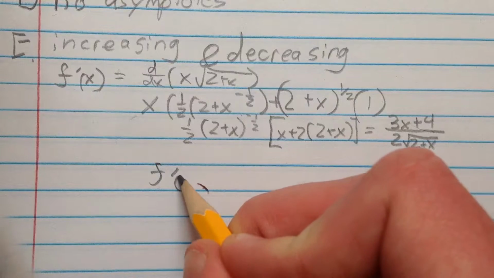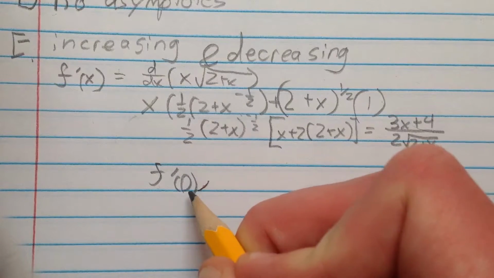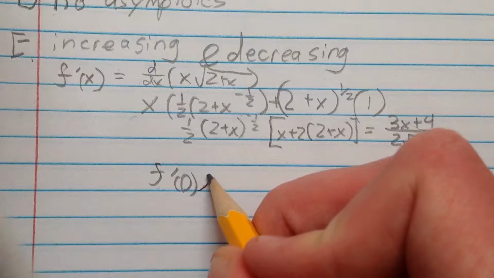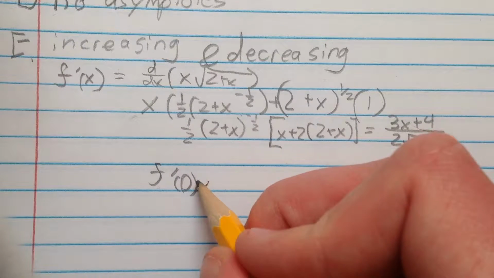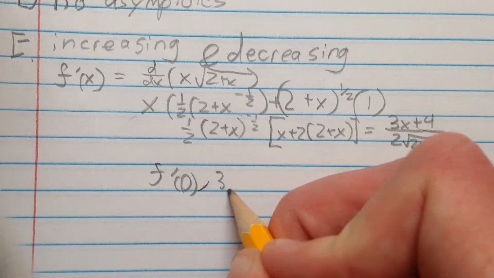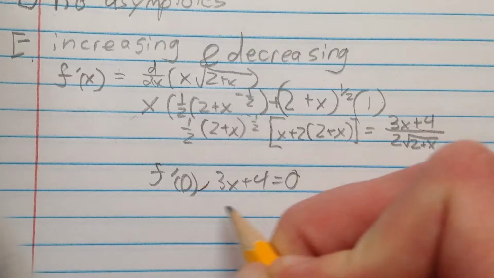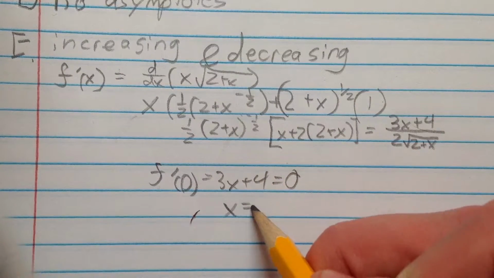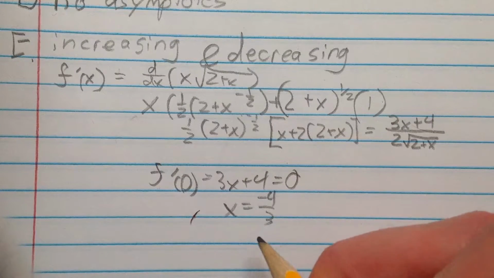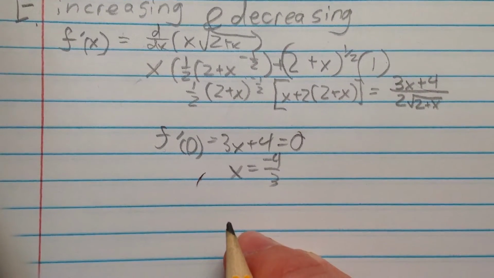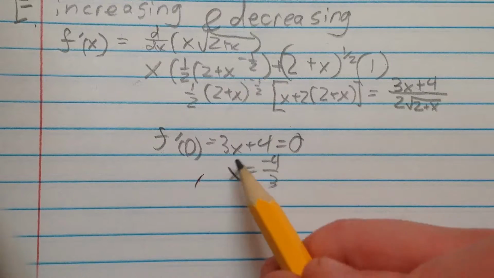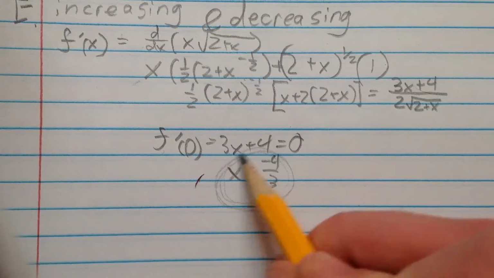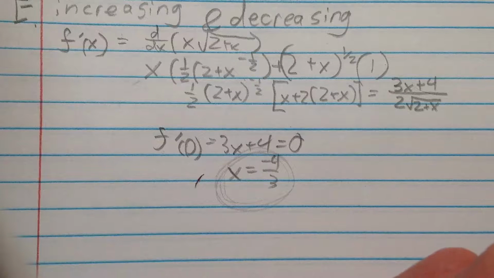So if the derivative of f of x is 0, then we plug it in and get 3x plus 4 equals 0. We simplify that out and get x equals negative 4 over 3. Now that we worked it out, we have this value, negative 4 over 3. That's going to help us determine certain important points in our graph.